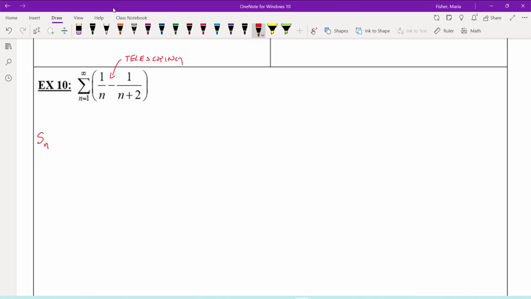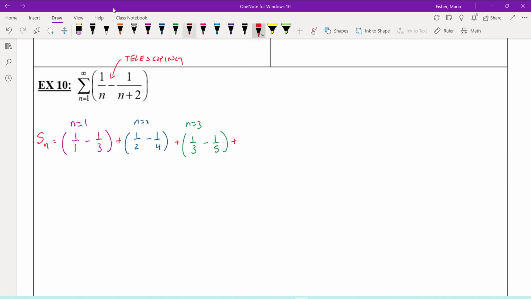Well, s of n is going to equal, when I plug in n equal 1, I'd have 1 over 1 minus 1 over 3. Plus, when I plug in n equal 2, I'd have 1 over 2 minus 1 over 4. Plus, n equal 3, I'd have 1 over 3 minus 1 over 5. I'm going to do one more before I go to my n's.